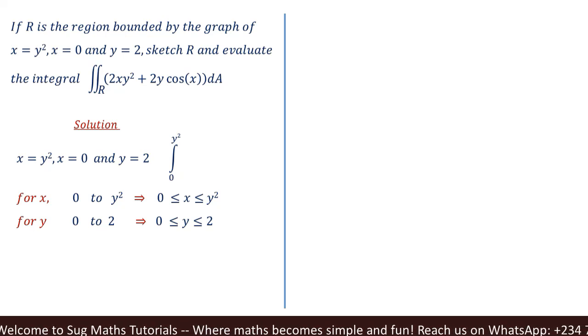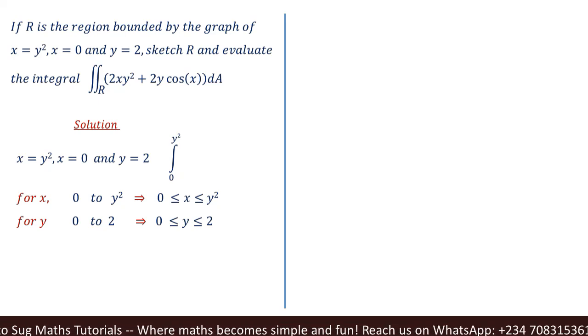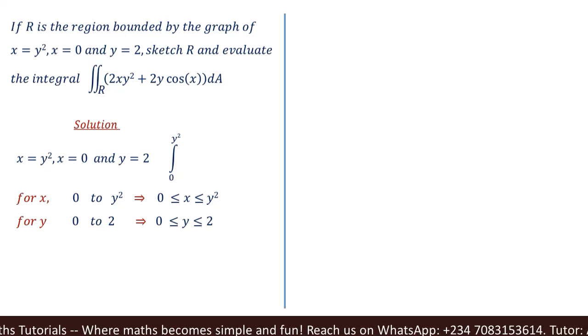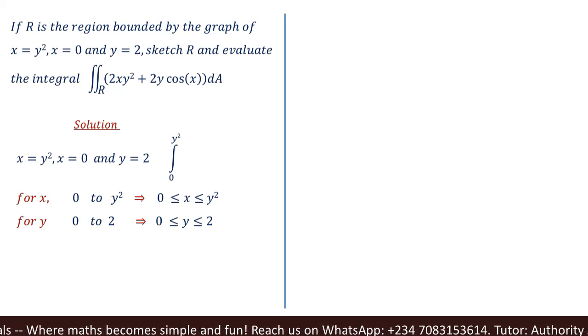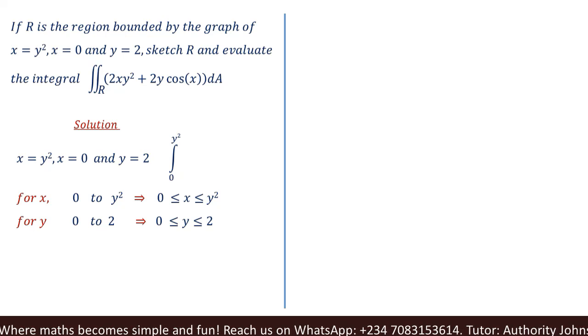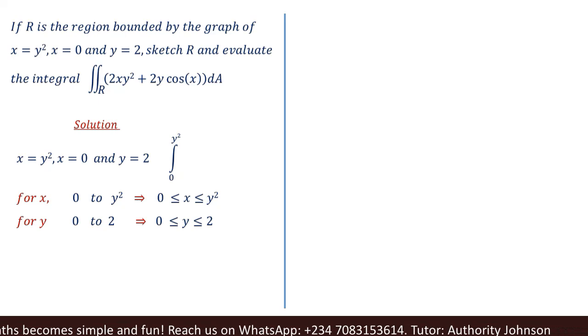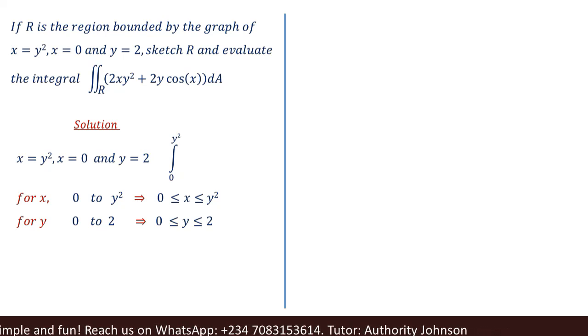So when x is 0, what will happen to y? You discover that when x is 0, y will also be 0. So that means we have two values for y now. Y starts from 0 to 2.